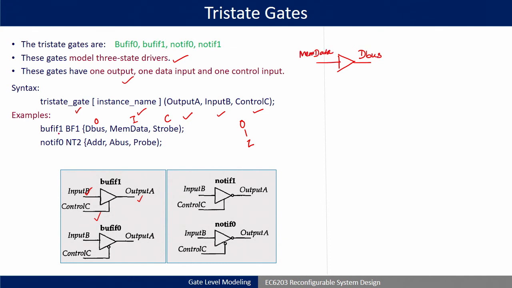As it is written 1, it is something like this. So, this is my diagram. My strobe is my control unit, understood. As it is 1, there is no bubble; wherever it is 0 there is a bubble. That means it is an active low input.